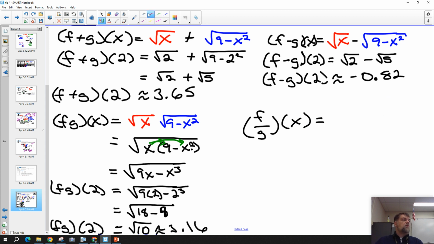So that's just going to be the square root of x, which is f, all over the square root, ooh, I got to be careful on that one. Minus x squared.